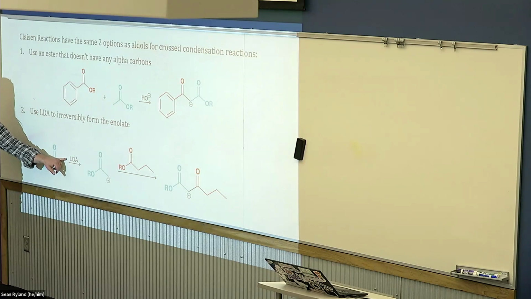Remember, it was a sterically hindered strong base. And so it makes for a really good way to make these enolates, because you don't have a nucleophilic addition or substitution competing.